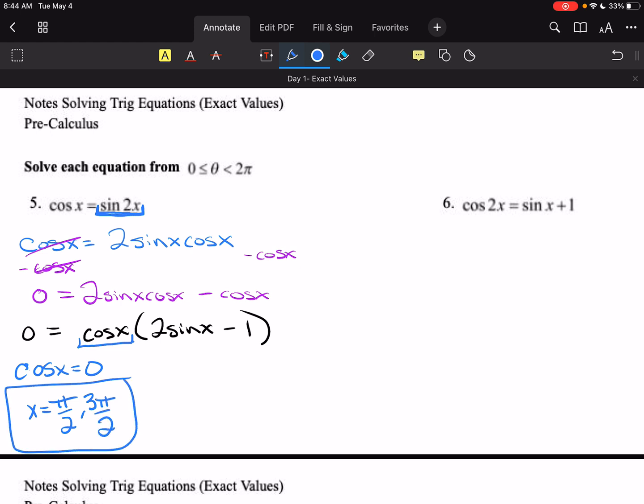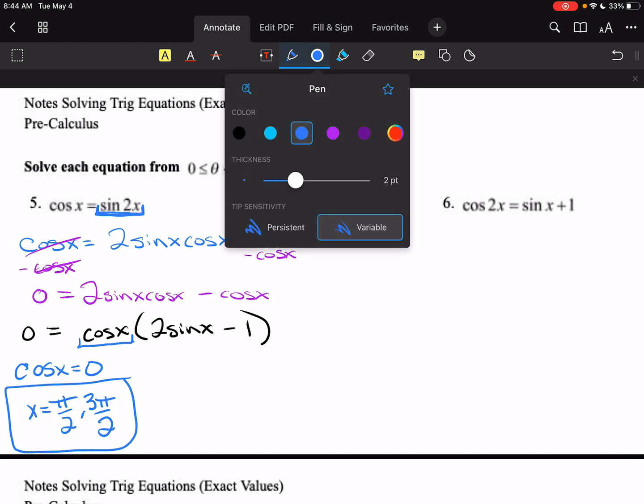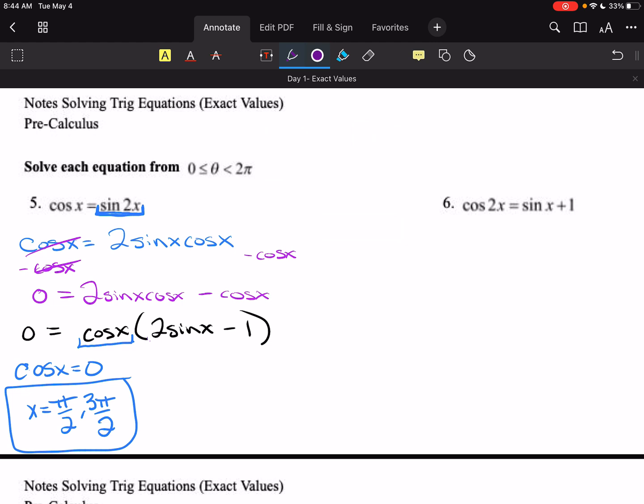Okay, so those are the two answers from the first factor. Now we're going to set the second factor equal to 0. Add the 1, and divide by 2, I would get sine of x equaling 1/2.